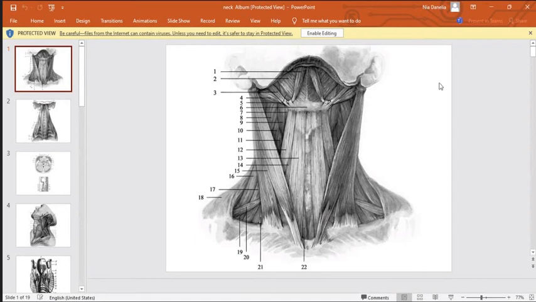The layers we have in the omotracheal triangle: here are present all the fascias of the neck region.